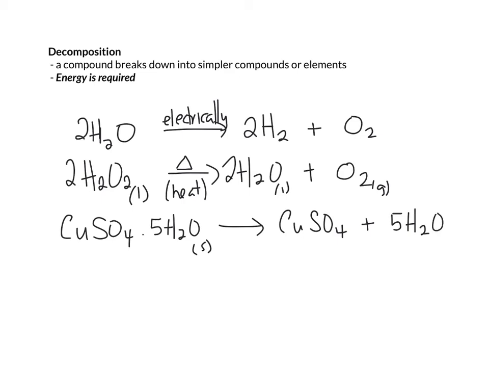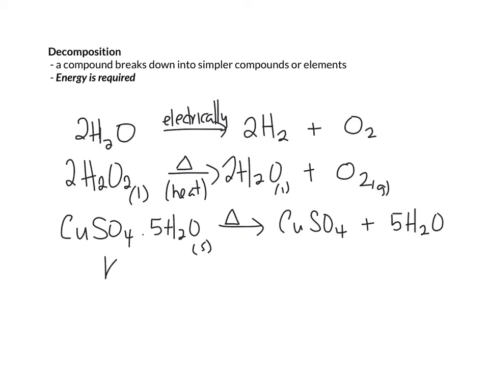So if you heat copper 2 sulfate pentahydrate, you will drive all the water that's coordinated to it off, and you will end up with just pure, we call anhydrous without water, pure copper 2 sulfate. It's still blue, but you'll be able to grind it down into a powder.